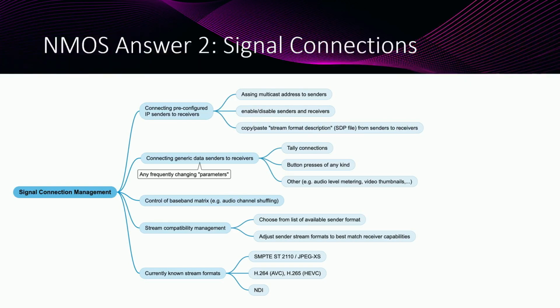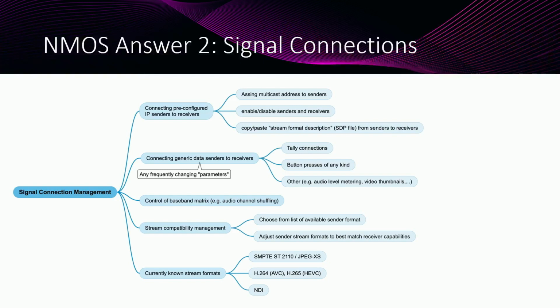And to ask a receiver, what kind of stream formats can you receive? And then as a control system, I may choose the perfect match. Now, obviously, you don't want to constantly change the sender format in a multicast environment, but it basically allows you to choose a certain stream format on a sender freely via a specified control command.